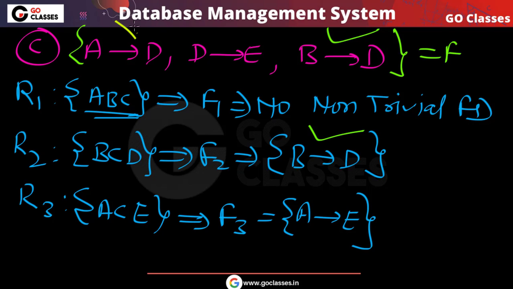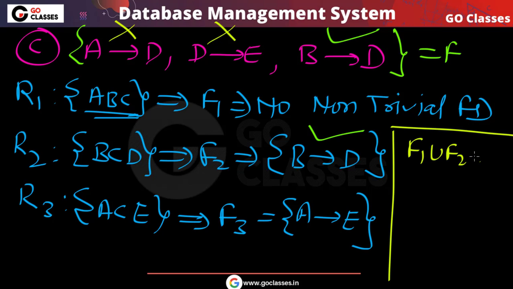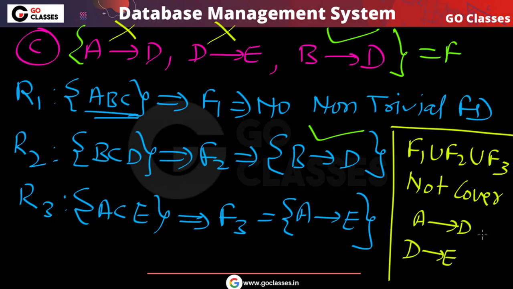So A determines D is not covered by F1 union F2 union F3, and D determines E is also not covered. So I can say that this is a non-dependency preserving decomposition.